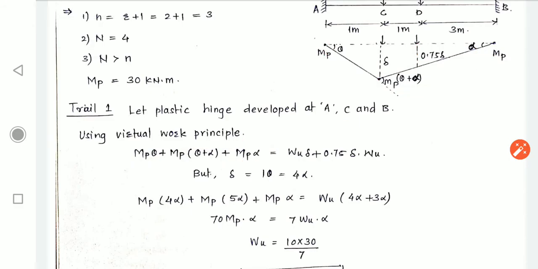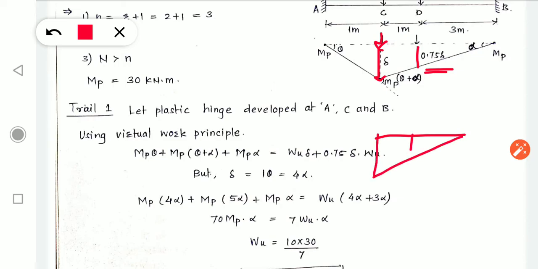Okay, from here, what will be the force into deflection? So the work done by the external load is Wu into deflection delta. Then this will be 0.75 deflection. How did I calculate that? I used the principle of similar triangles.